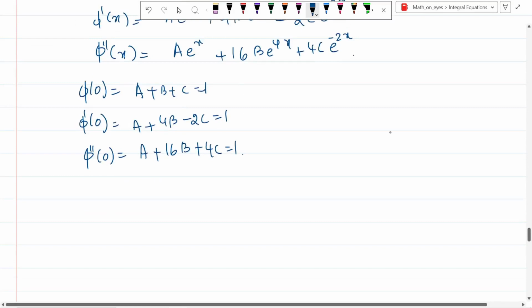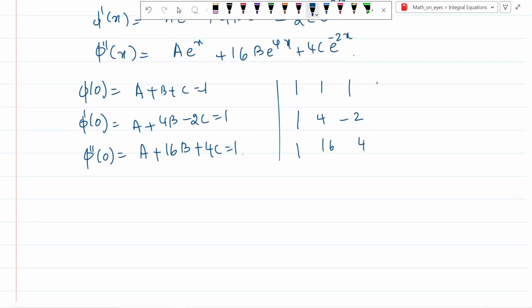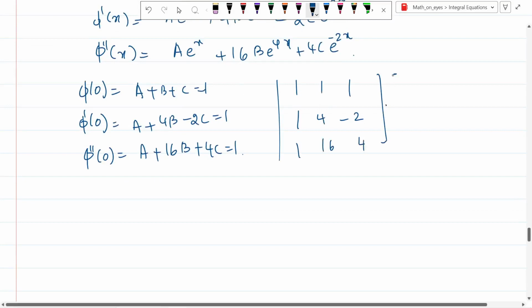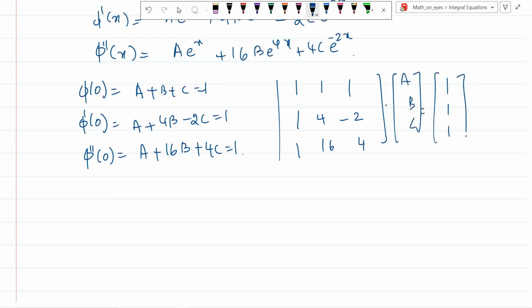Now I will take it in matrix form. This is 1, 1, 1; 1, 4, minus 2; 1, 16, 4, multiplied by A, B, C, giving 1, 1, 1. We need to find A, B, C. Now I'll make these two entries 0. So 1, 1, 1; 0, 4 minus 1 is 3, minus 2 minus 1 is minus 3; and 0, 16 minus 1 is 15, 4 minus 1 is 3.